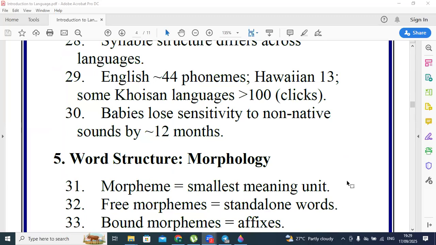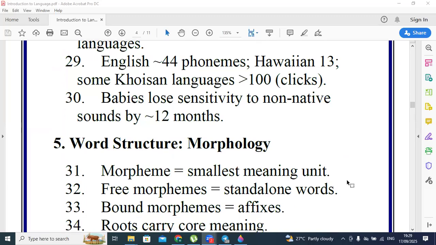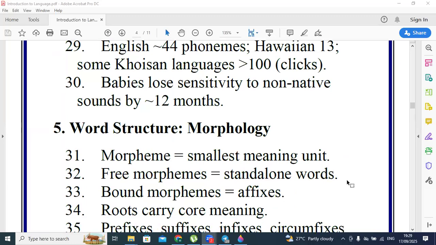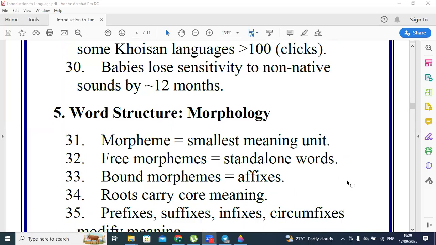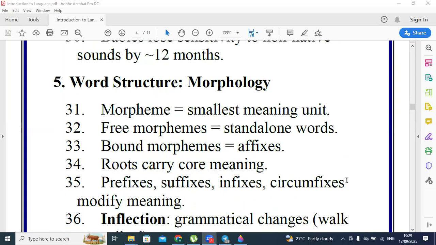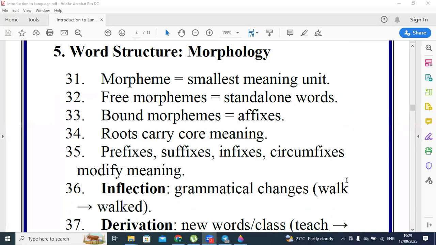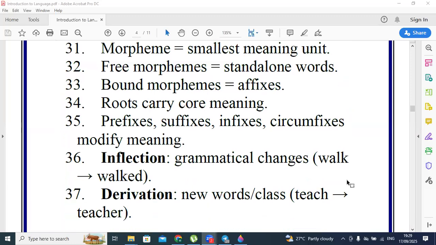Word structure, morphology. Morpheme, smallest meaning unit. Free morphemes, standalone word. Bound morphemes, affixes. Roots carry core meaning. Prefixes, suffixes, infixes, circumfixes modify meaning.